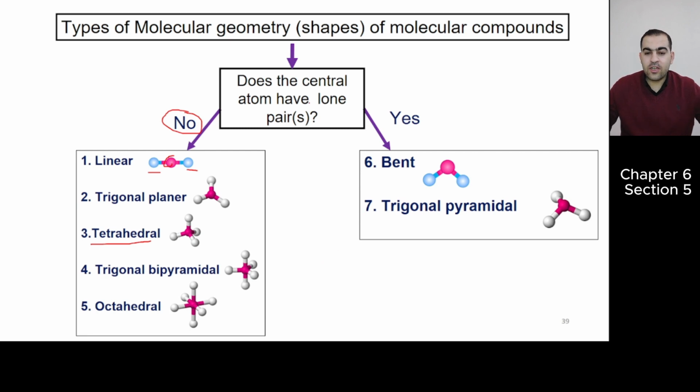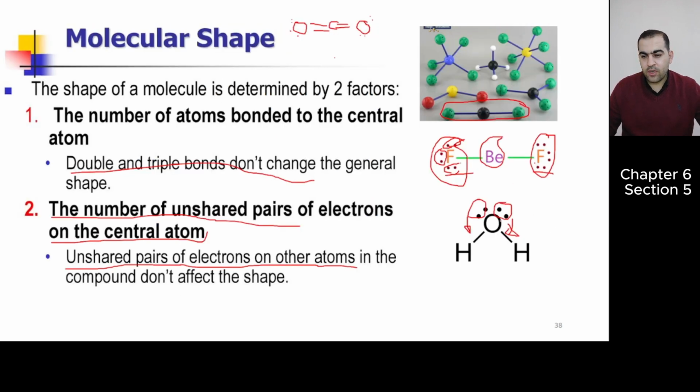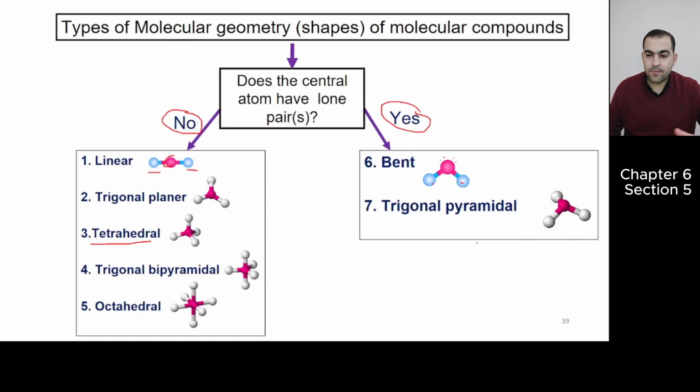But does the central atom have a lone pair? Yes. Guys, there are only 2 types where the central atom has a lone pair. When 2 atoms bond to the central atom, it might have 1 lone pair or 2 lone pairs. Like H2O we said here. 2 atoms are bonded to the central atom, the shape will be bent. If there is 1 lone pair, it's still bent.